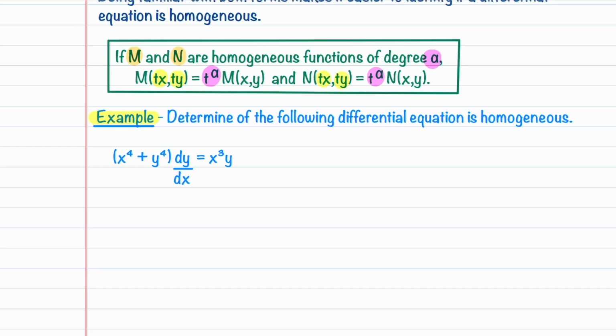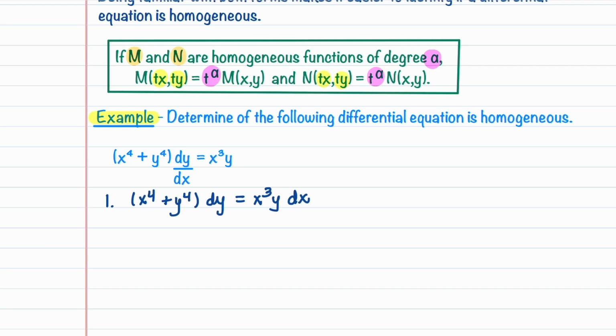In this example, we are going to determine if the following differential equation is homogeneous. I'm going to do this example two ways. The first way I'm going to do it is to write dy and dx separately. This gives us (x^4 + y^4) dy equals x^3 y dx.